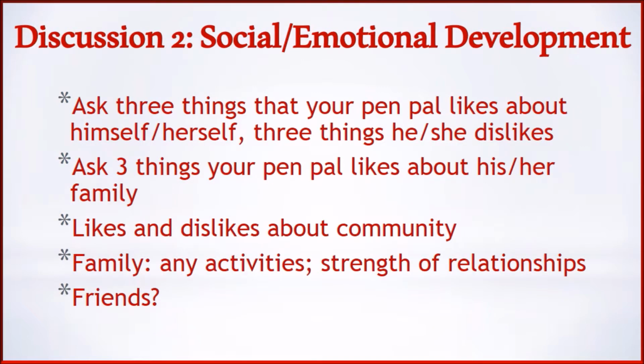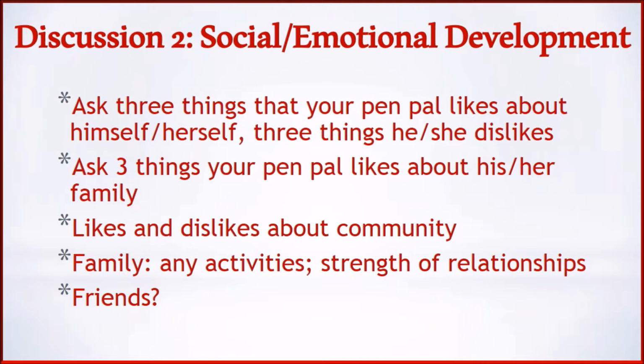All right, so our next point of discussion is social and emotional development. This is really your first aspect that I'm bringing up. It doesn't have to be the first one you talk about, just one of the discussion points that we'd like you to bring up.